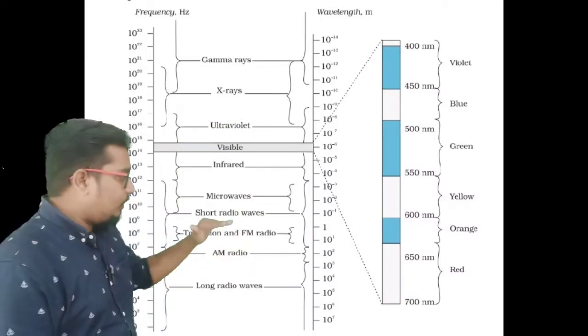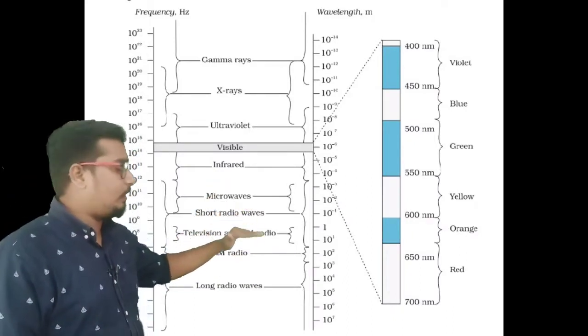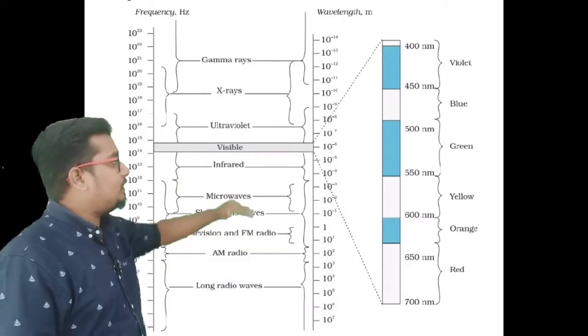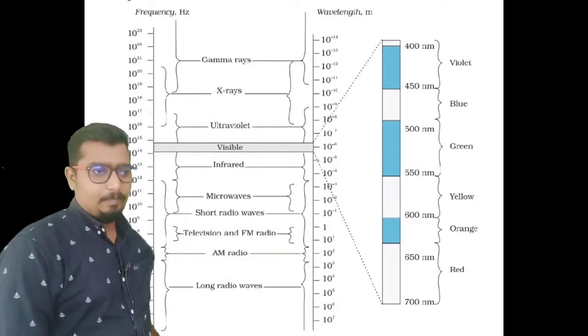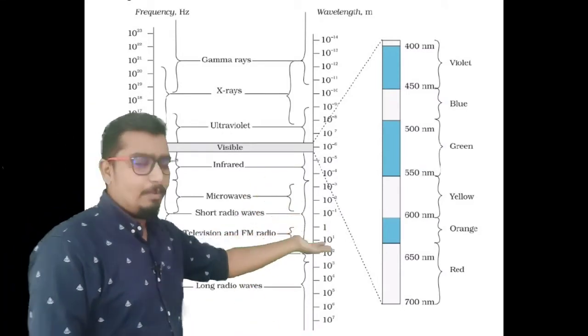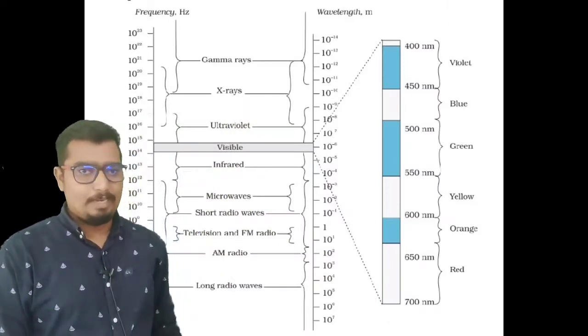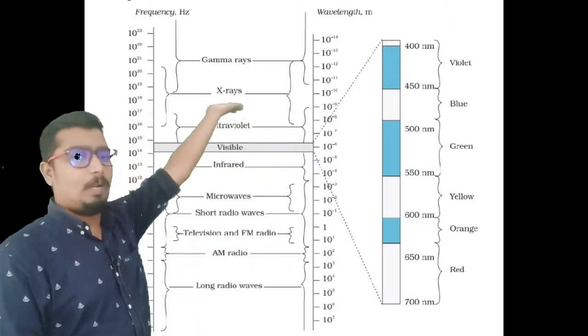In this spectrum, the electromagnetic waves are arranged in the increasing order of frequency. And in the case of wavelength, it is the decreasing order of wavelength from downward to upward.